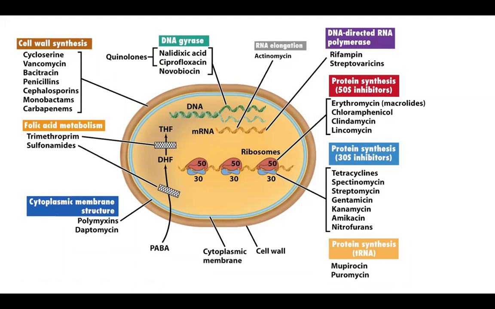For MDR TB, you cannot use the first line, you need to use the second line. But then we have those strains of Mycobacterium tuberculosis which are extensively drug resistant, which means you have to use a third line. And there are those that cannot be treated even with the third line, because the third line is not yet standardized. It depends on the country. That's the danger with antimicrobial resistance, because we don't know what to do.